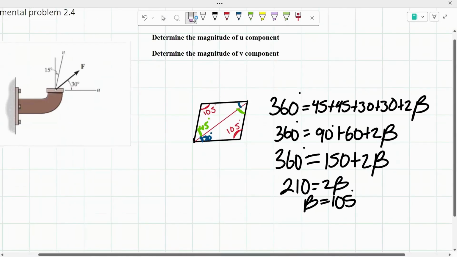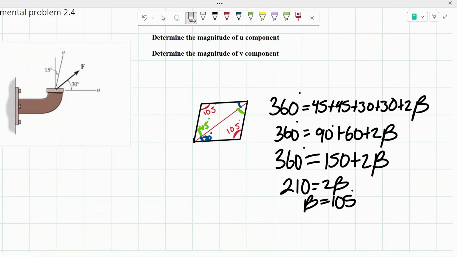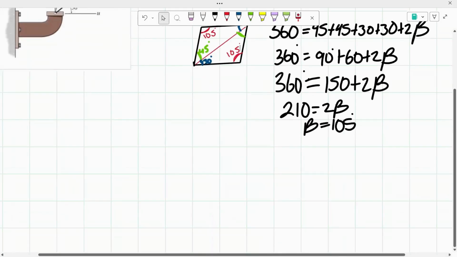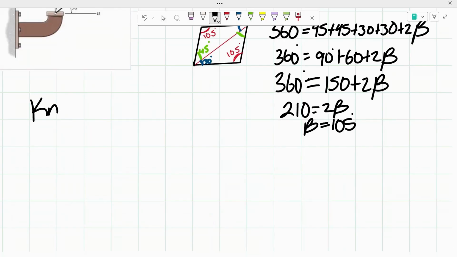So now that we have that, how are we going to solve for components u and v? What I like doing is writing on the side, what do we know? What are the knowns that we have in this problem? What is it that we're working with?